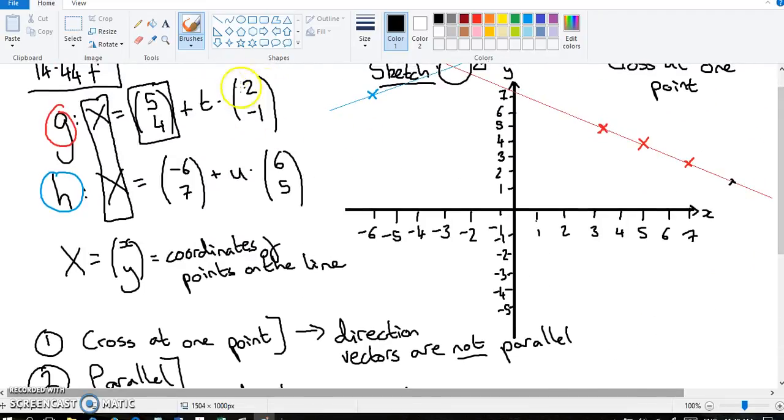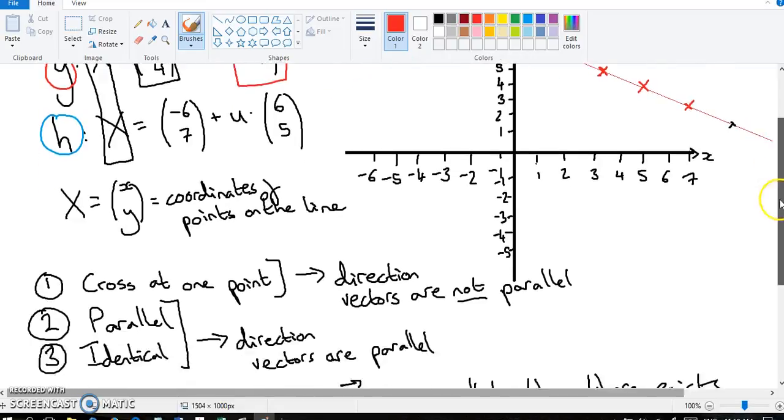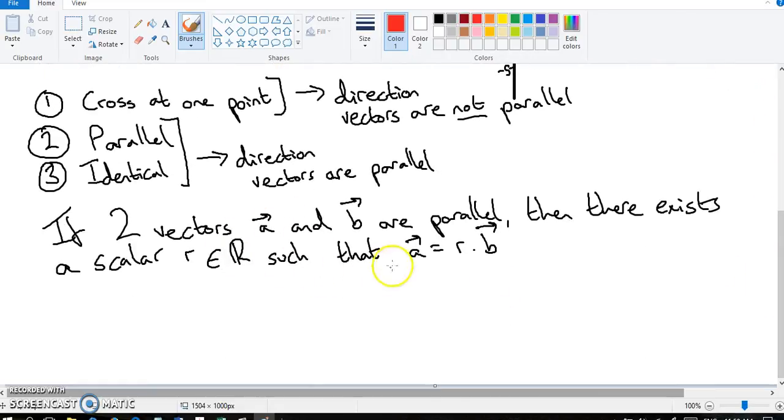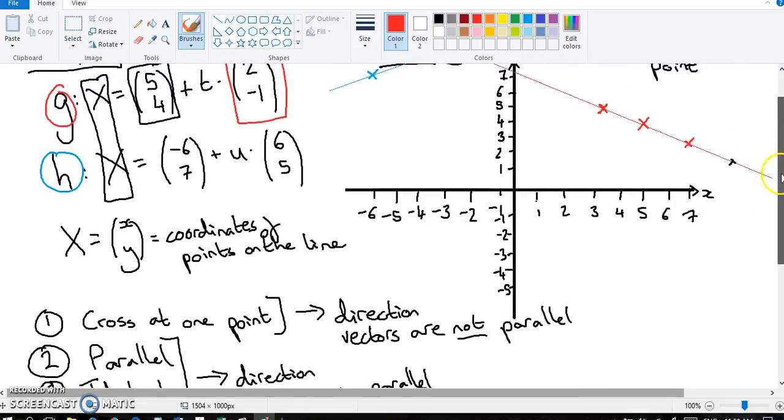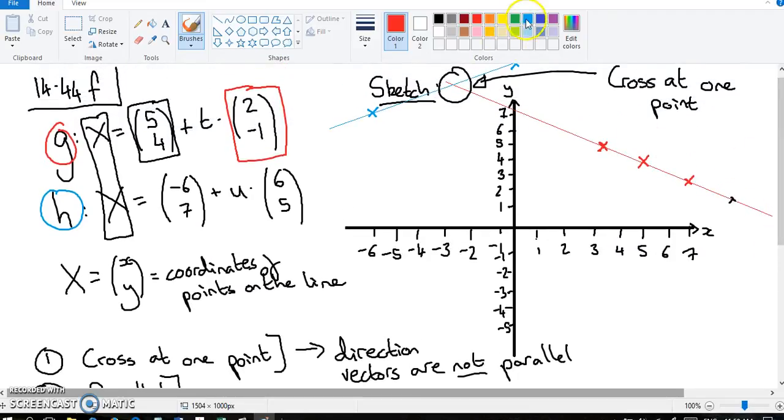So let's take this direction vector first on line G, 2, -1. And we have the direction vector for line H, 6, 5.